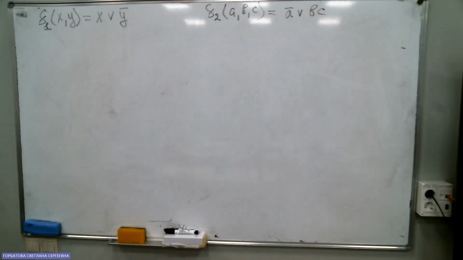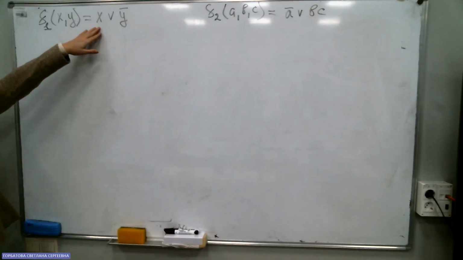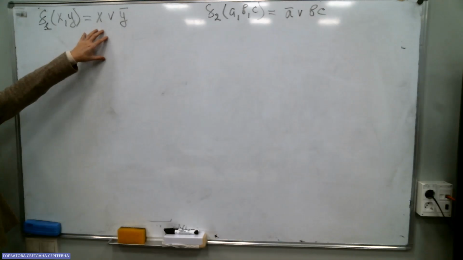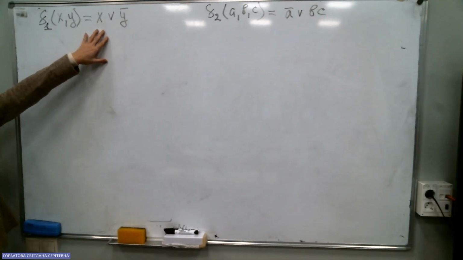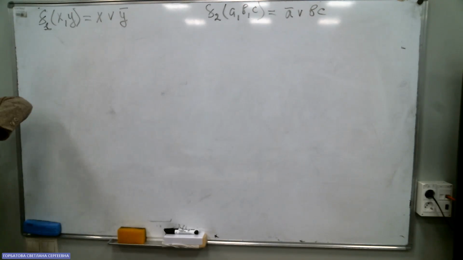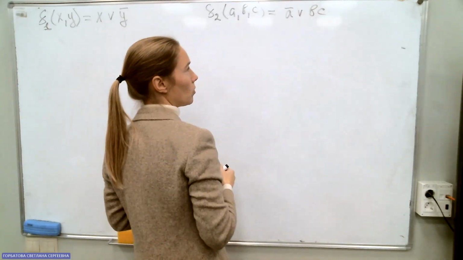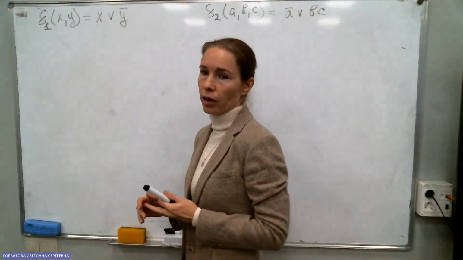So the task is to check this function for completeness. If it is, the next step is to build a basis with this function. Basis is a functionally complete system without redundancy. And the last step is to construct this function with this basis.